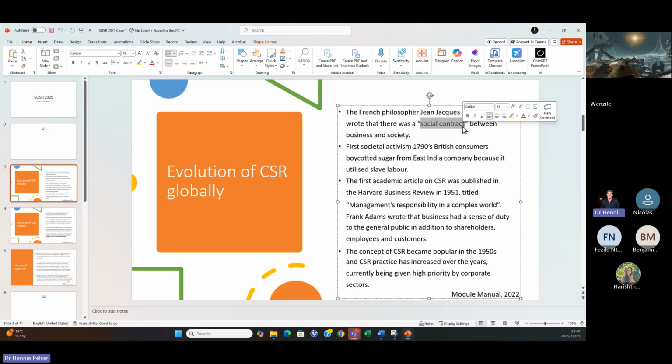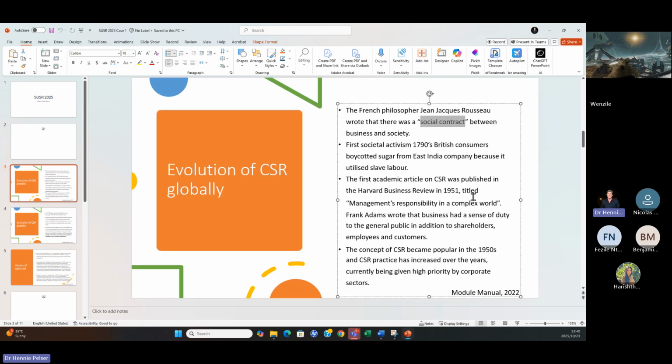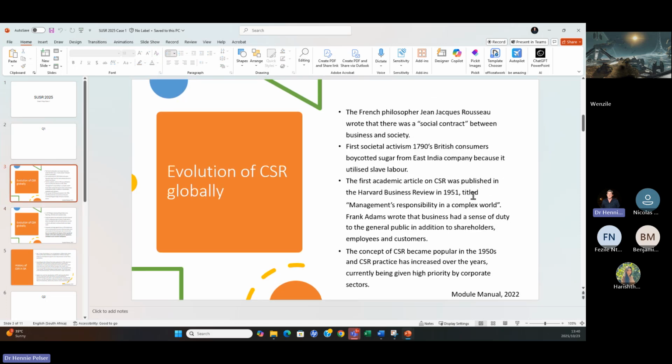So there's this expectation, sometimes unwritten, between the business and society. I think the initial definition for this came from 1951. It is really just our role as managers within the context of a broader and more complex world.